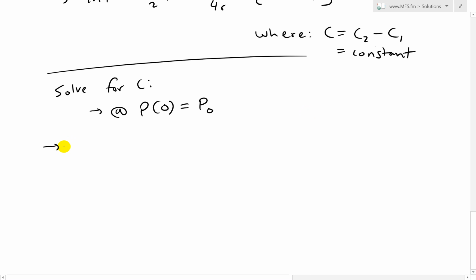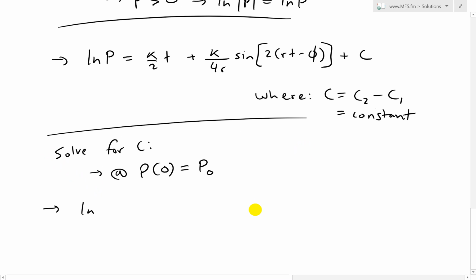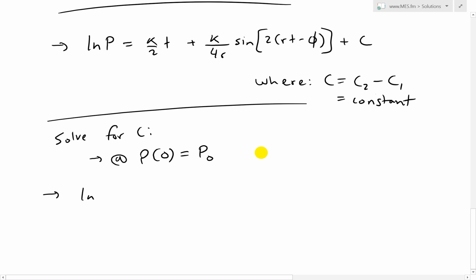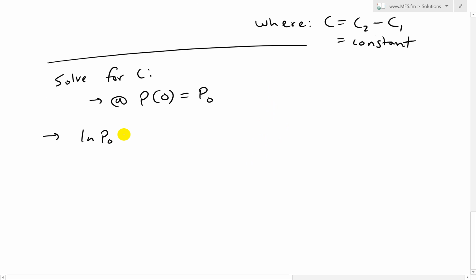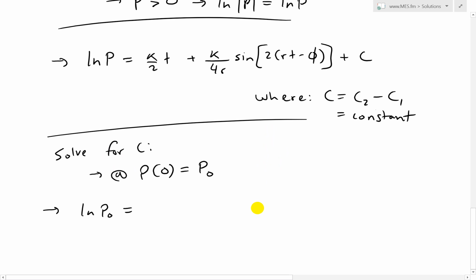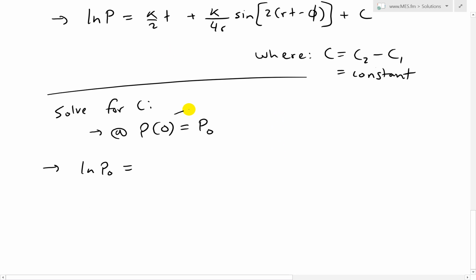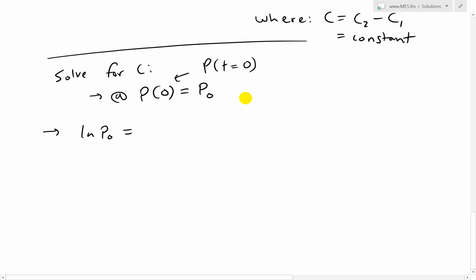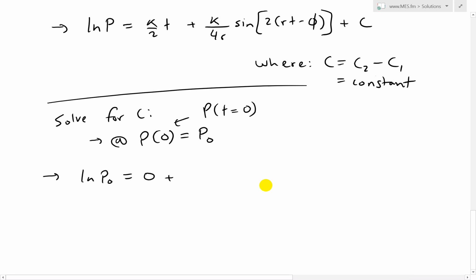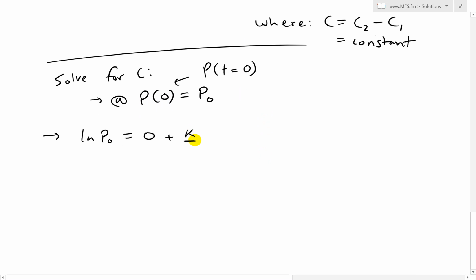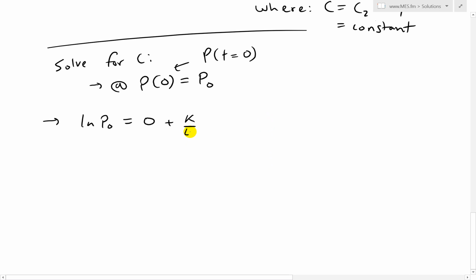So what we get is ln, then we just plug that in here. So ln p0 at time equal to 0 equals k over 2 times 0. You can also note it's the same thing as writing p of t equals 0. So that's a 0. So 0 plus k over 4r.